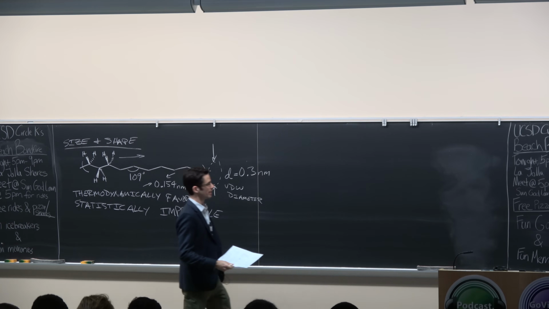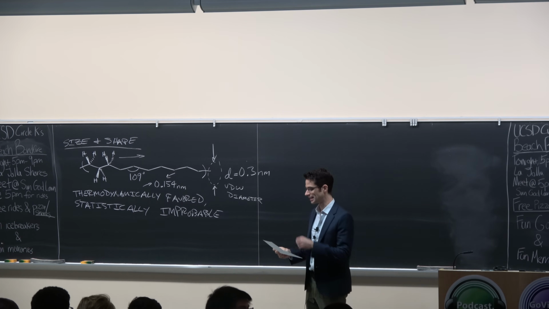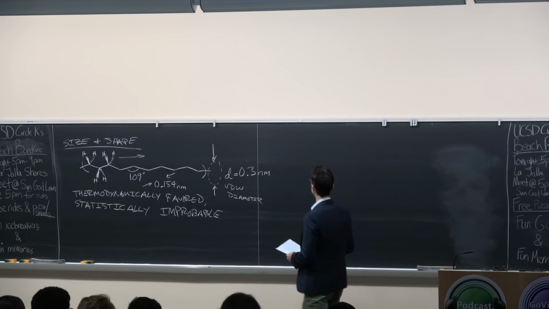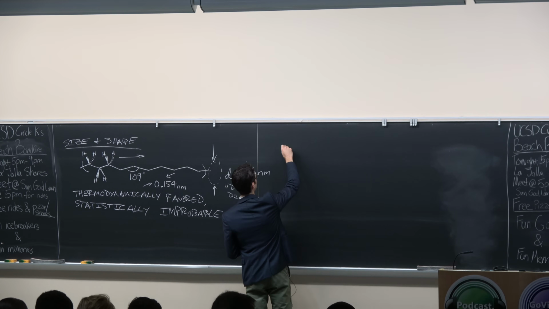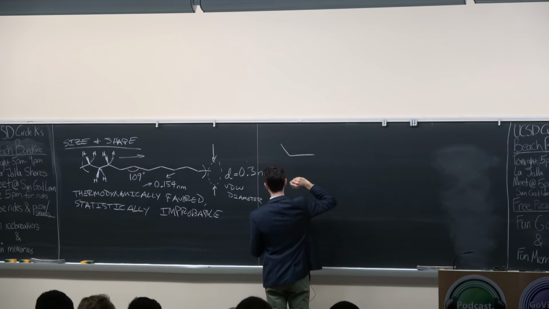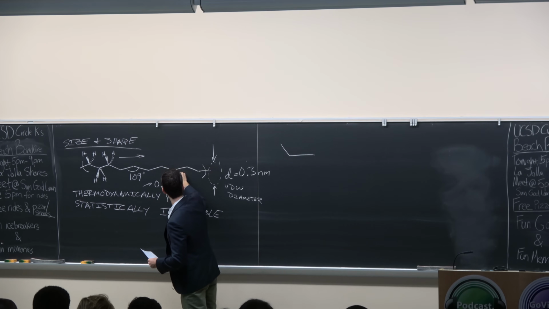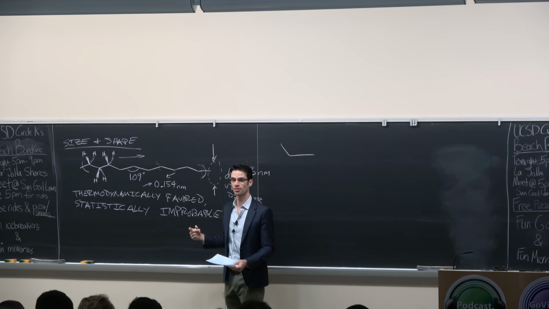To see why this is thermodynamically favored but statistically improbable, we'll get to the thermodynamically stable part first, and then the statistically improbable form. Imagine that we're just taking 4 carbon atoms' worth of this, and that's going to be butane.